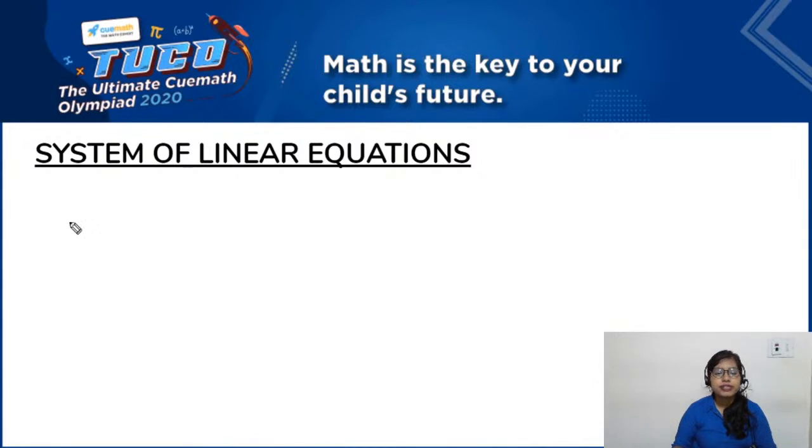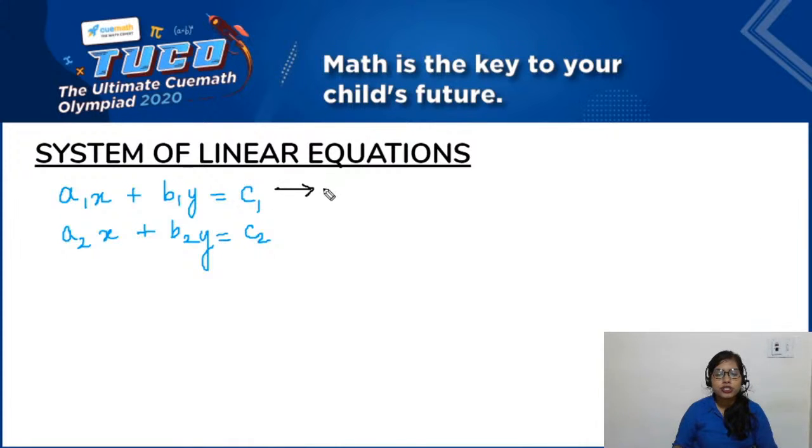So if we have something like this, a1x plus b1y is equal to c1, and this is a2x plus b2y is equal to c2. These are the two equations I have taken into consideration. This is equation number 1 and this is equation number 2.